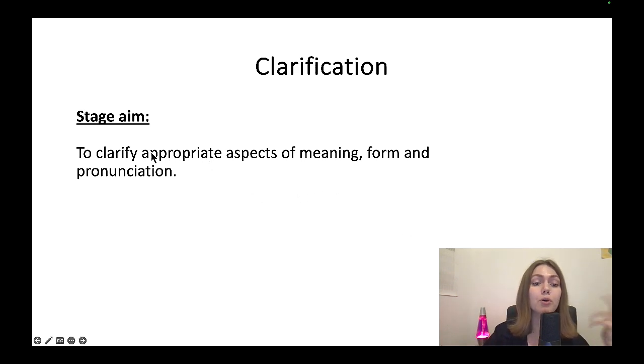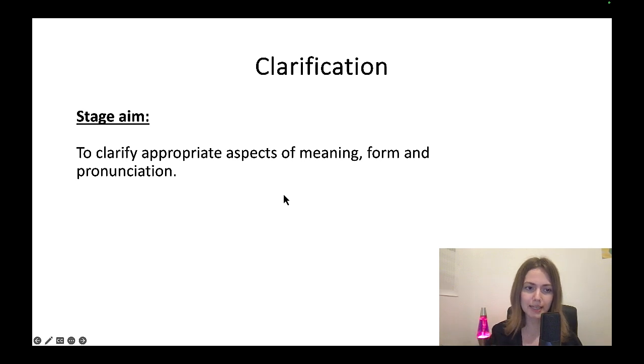I say appropriate because it doesn't mean that you're going to teach them everything about a given structure or a given phrase. If you imagine teaching present simple to elementary students, you're probably going to use it for your routines and that's it. You're not going to mention any other meanings of present simple. So that's what I mean by appropriate aspects.